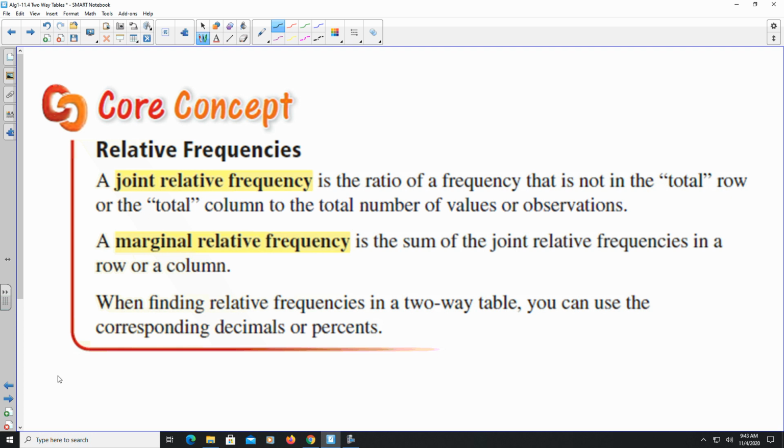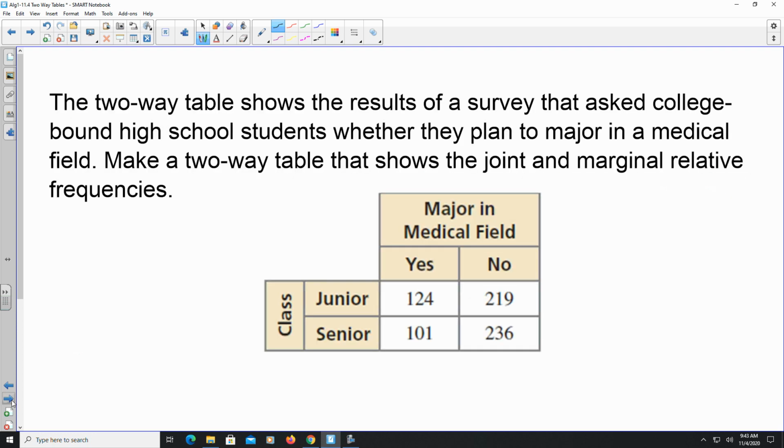So with that, what we have here is a two-way table that shows the results of a survey that asked college-bound high school students whether they are planning to major in a medical field. Make a two-way table that shows the joint and marginal relative frequency.